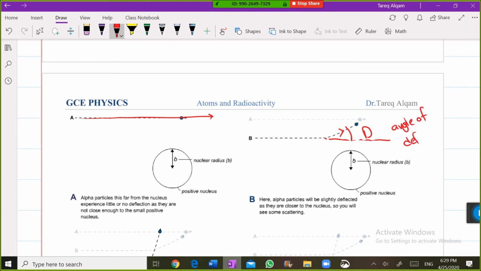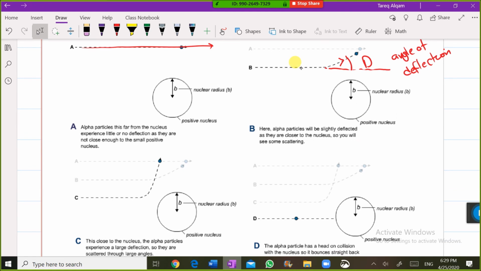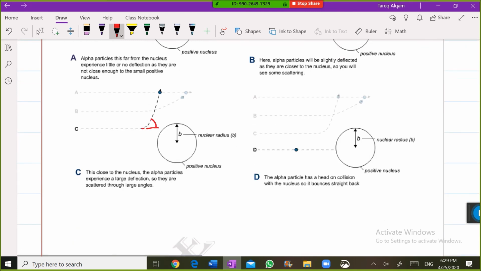Right, angle of what? Deflection. Here, if it's very close, it will be deflected through large angle. If it's head on, it will be deflected back like this, if it's in the direction to hit the nucleus.